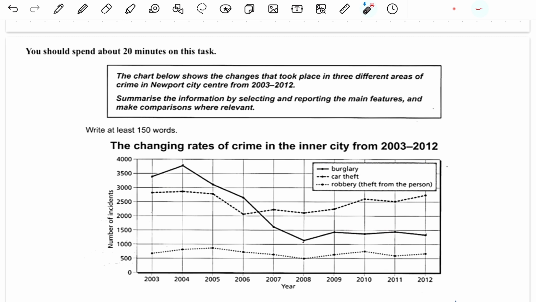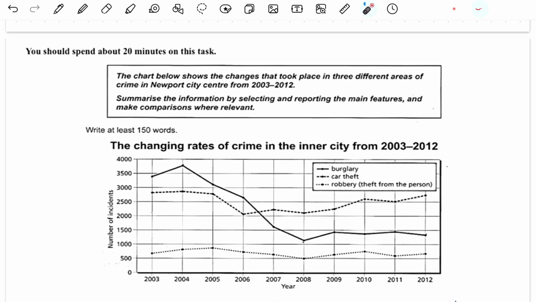But after this time period, there was a considerable decline, and by 2008 they went down to almost 1,000, and then from 2008 till 2012 they rose a bit, and they reached this figure, which is close to 1,500.